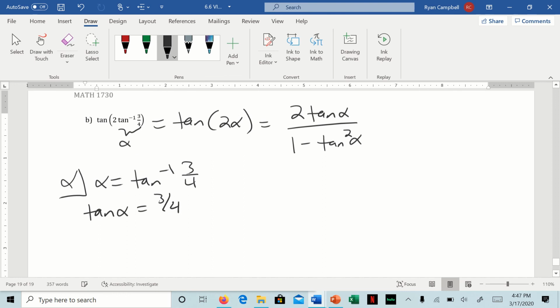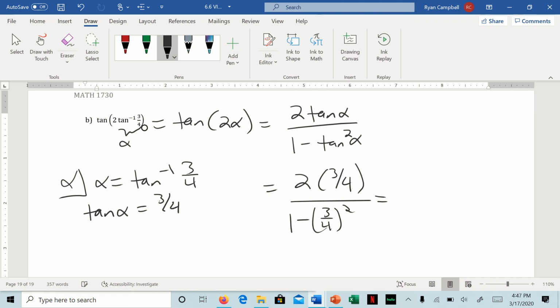We don't even need to graph it, because we just need to know that the tangent was 3/4. Yeah. Oh, cool. We didn't even need to do anything extra. Perfect. All right, so that's just 2 times 3/4 over 1 minus 3/4 squared. So we see the top is going to be 6/4 over 1 minus 9/16.